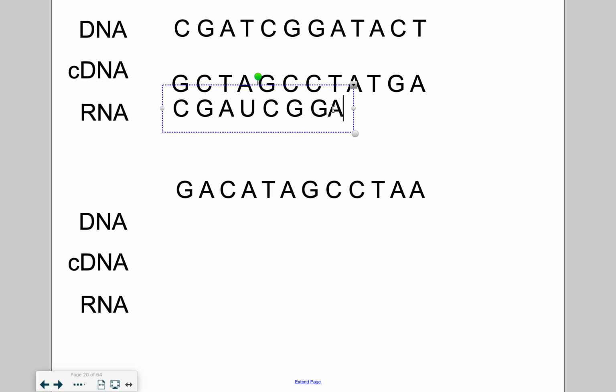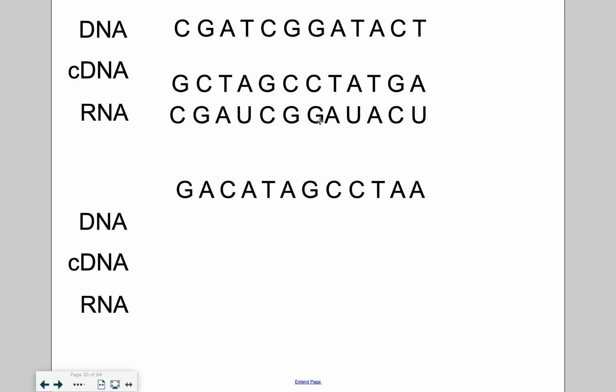T pairs with A pairs with U, right? T pairs with A, G pairs with C, and then A pairs with U. There are no T's in RNA, so we just made our RNA molecule.